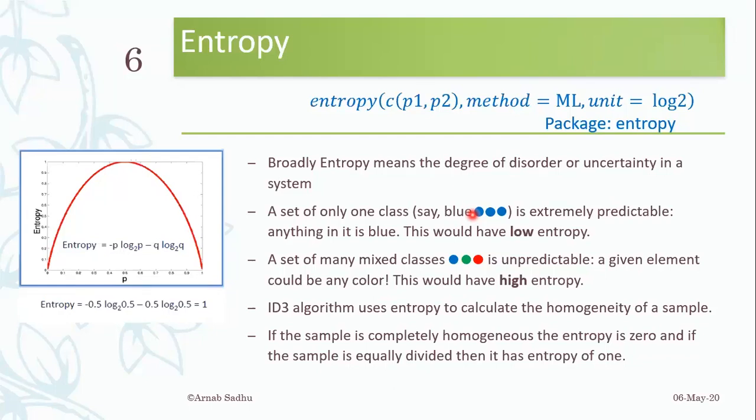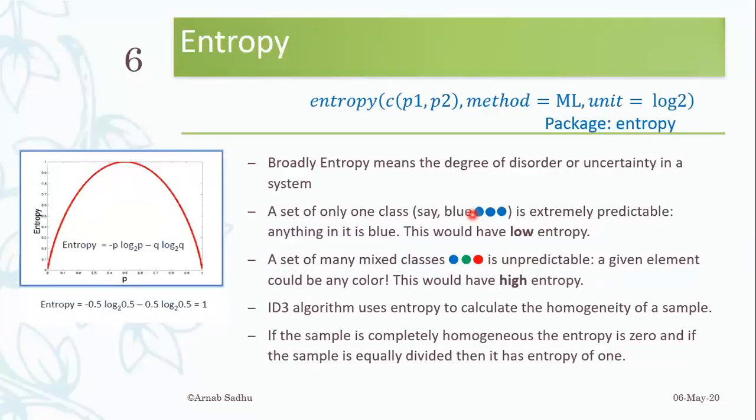On the other hand, suppose I put some green and some red balls with the blue balls as well. Then if I pick a ball blindly, I cannot know whether I have picked a blue ball, a green ball or a red ball. So there is a probability associated with picking up a blue ball, green ball, or red ball.